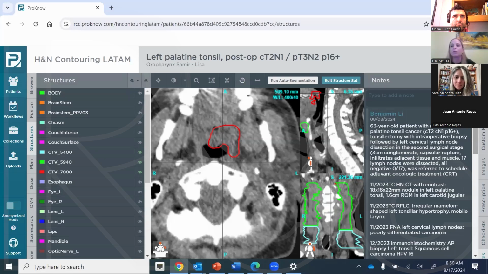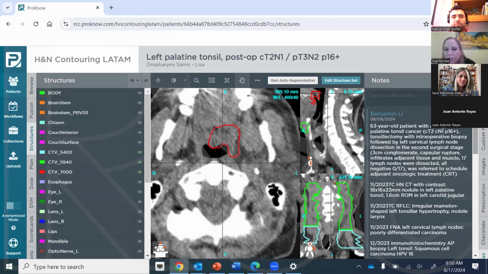So this is an oropharyngeal cancer, a P16 positive or HPV mediated oropharyngeal cancer. They had undergone a tonsillectomy and then had a left cervical lymph node conglomerate, which was also resected. The remainder of the lymph nodes were negative.